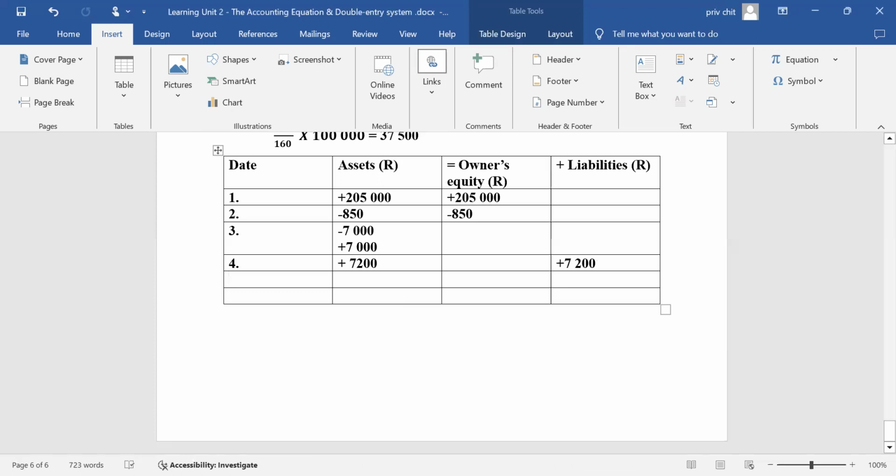Number 5. Cash sales of trading inventory. The selling price is 7,950. Right. So the moment you see cash, which asset is affected?